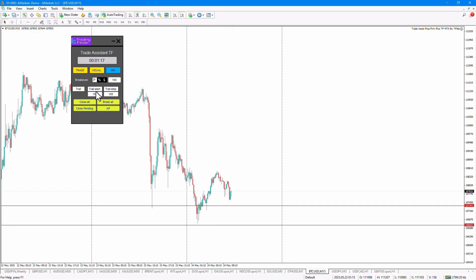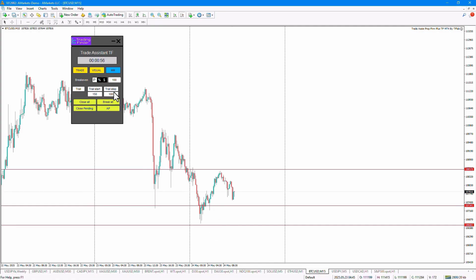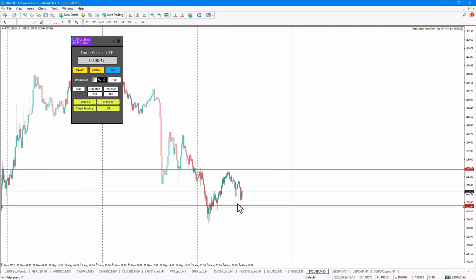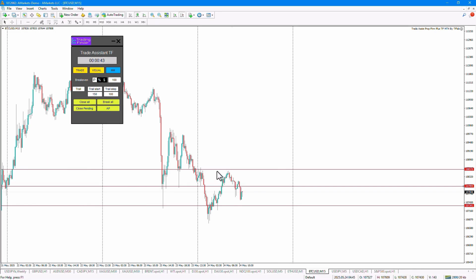In other words, when the price moves 150 points into the profit zone, the expert advisor will automatically set the stop loss distance from the price based on 100 points. And it will be set at a 100-point distance.